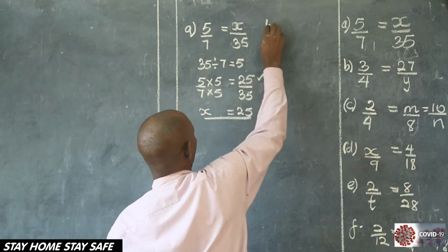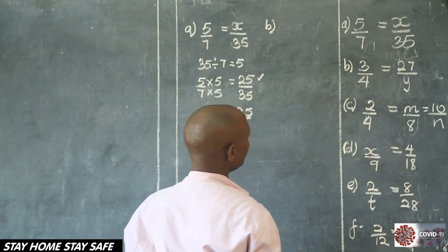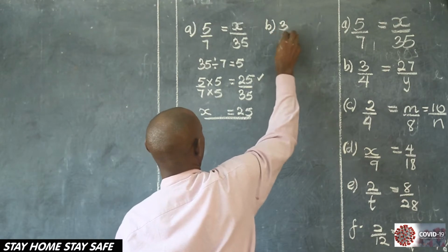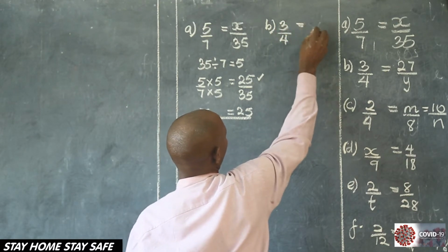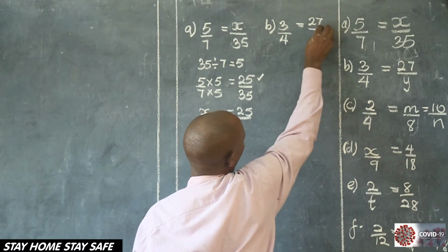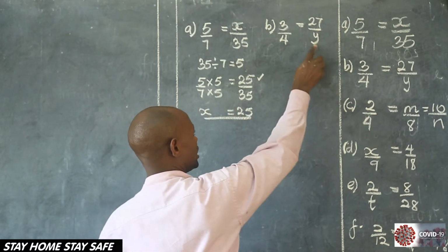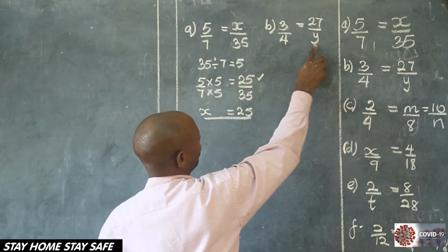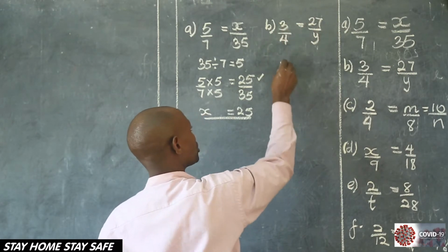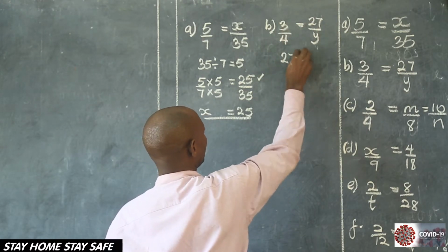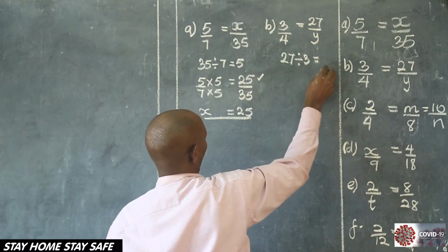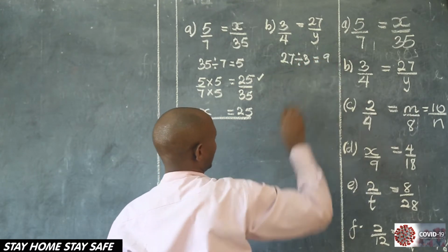Then we have B. B, it is 3/4, which is equal to 27 out of y. So the missing number is on the denominators, and we have been given numerators. So we shall have 27 divided by 3, which is going to give you 9.